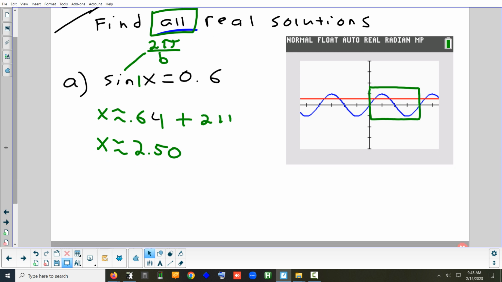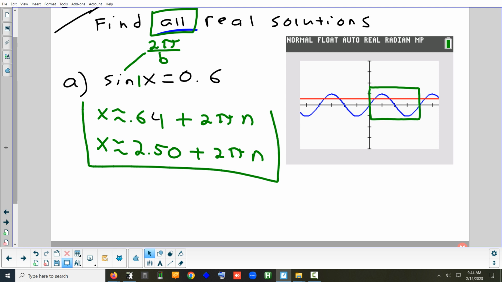So plus any number of multiples of 2 pi to the first answer, and plus any number of multiples of 2 pi to the second answer. And that represents all the answers to the problem. And if you're still not quite sure what that means, here's something concrete.